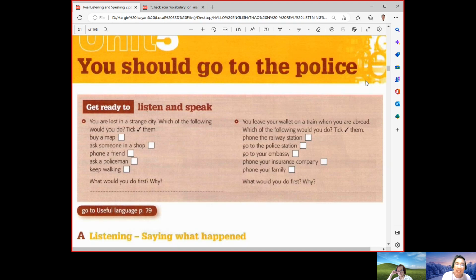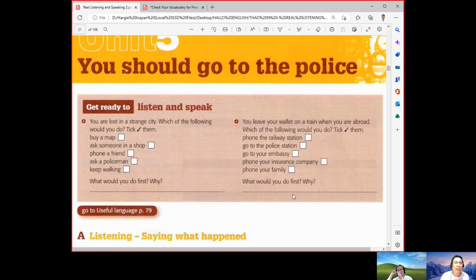Do we go to the police, or do we report it to the authorities like the bank, because we were scammed? So what are we going to do with this one? This is a very good topic because we can learn something from here.